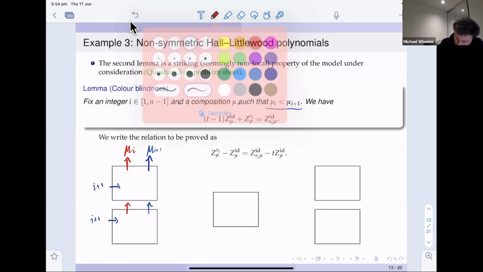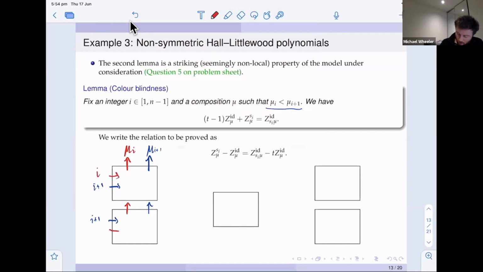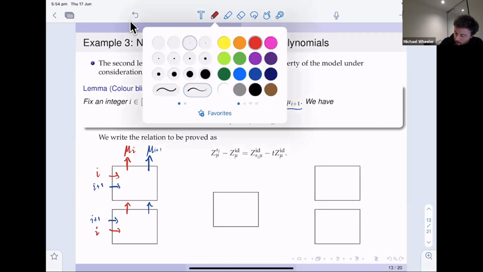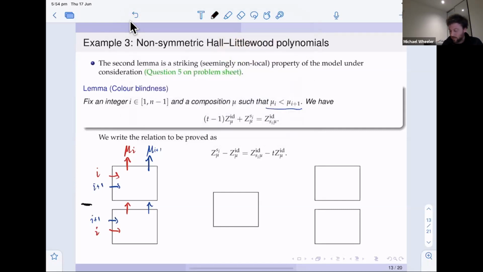And here is I, and this is I. And I'm taking the difference of those two things, so it's this minus this. That difference represents this left-hand side. Because I'm fixing the composition, that's fixed. But what I'm doing here is shuffling these two colors around.